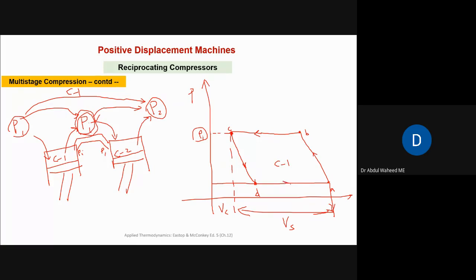Same mass, जो mass यहाँ पे induce हुआ था, same mass is leaving the first stage compressor but at a higher pressure. ये जो mass है, जो low pressure पे हुआ था, now it is leaving at a higher pressure, PI, and now it is entering at a higher pressure into the second compressor. तो second compressor में जो mass enter होगा उसका volume कम होगा because pressure is already increased. So same mass but lower volume.